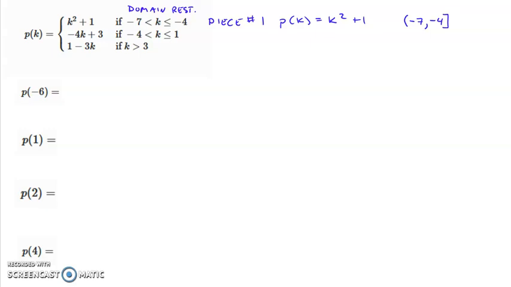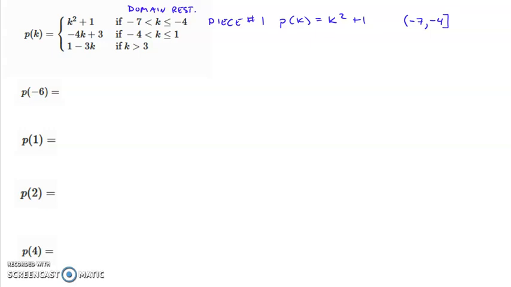Okay, and let's take a look at our first example here, because we're doing P of -6. And you'll notice that -6 appears in this interval, right? It's a number between -7 and -4. So we're going to end up using piece 1 to calculate this value.